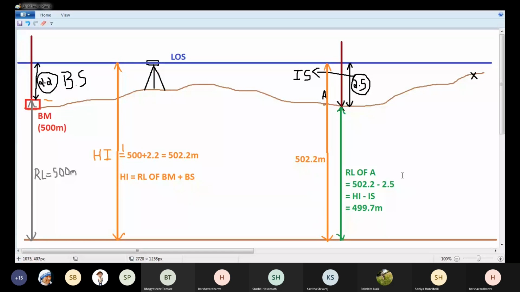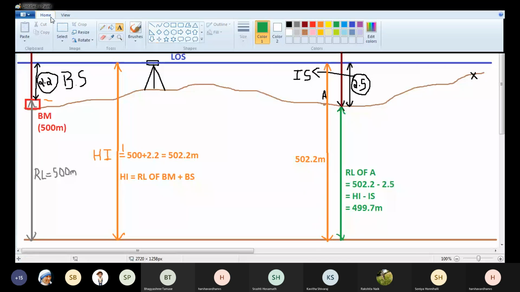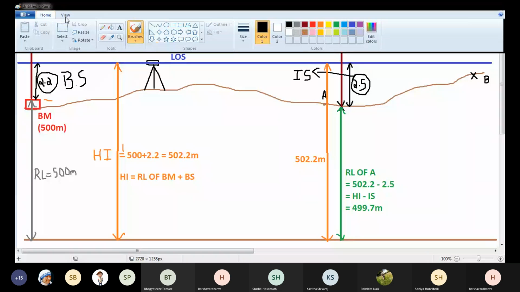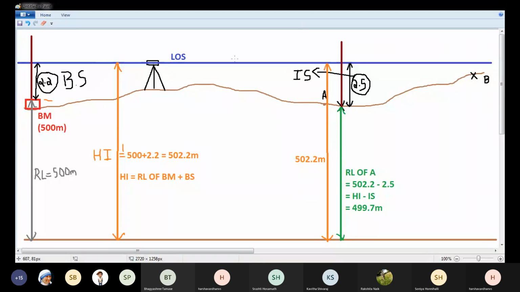Next, let's say I want to find the elevation of another point B. So this is point B. To find the elevation of point B, I'll hold the staff on point B and take the staff reading from the level along the line of sight.